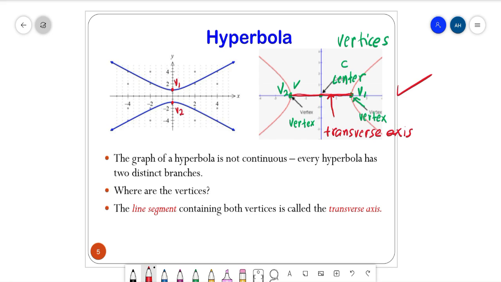Now, where is the center for the blue graph? The midpoint, halfway between V1 and V2. That point is the center, this is C. And where is the transverse axis for the blue graph? This line that is joining V1, C, and V2. So I'm going to label this line as the transverse axis.